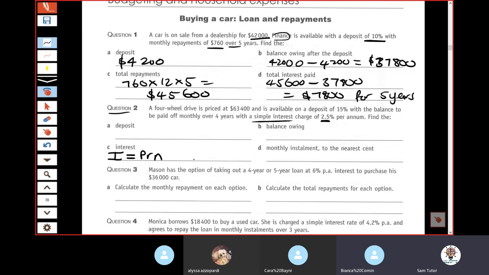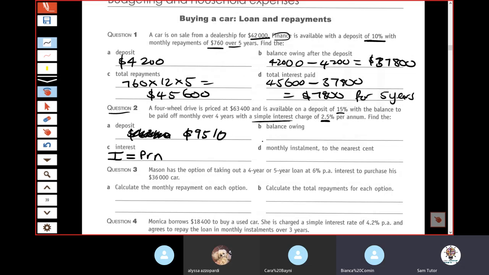What's your answer for A? 6,340. Balance owing. And then I just did 63,400 minus 6,340. Doesn't it say deposit of 15%? Oh, yeah. Sure. That's not right. You did 10%.